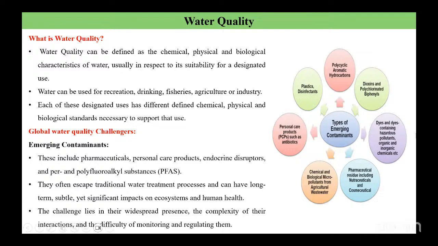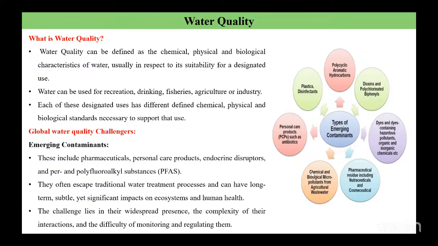If you look into these pictures, there are different types of emerging contaminants like PAH, dioxins, and PCB, dyes containing hazardous pollutants, organic and inorganic chemicals, and pharmaceutical residues with nutraceutical and cosmetoceutical, and new chemical and biological micropollutants from agricultural wastewater, and personal care products such as antibiotics and creams, and plastics, different disinfectants.